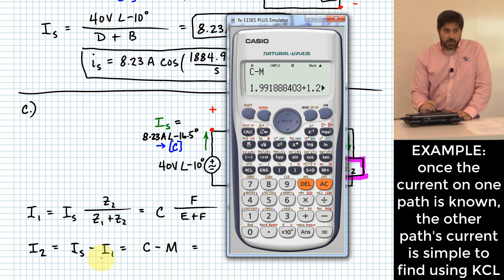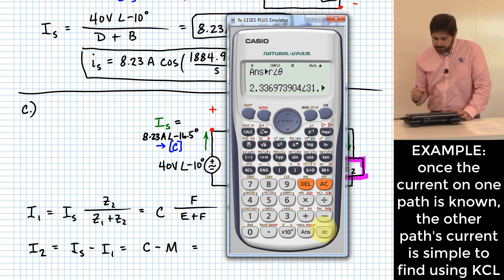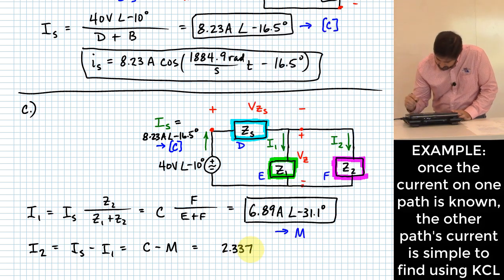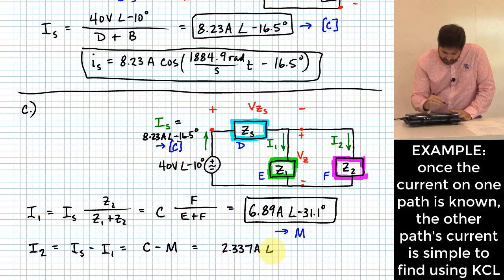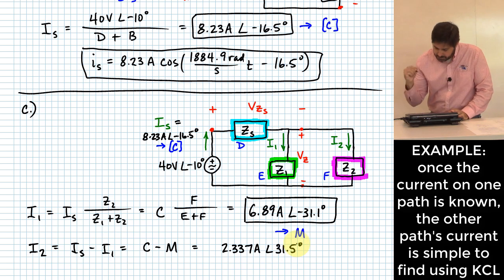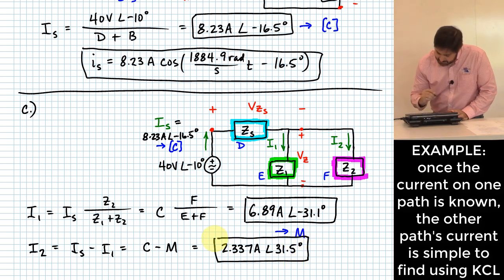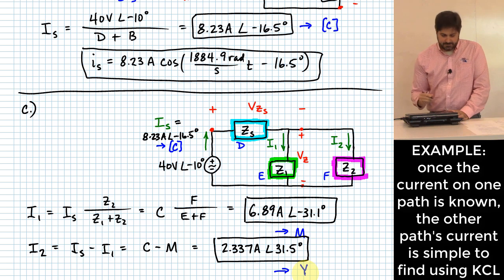And this is also a current, so I'm going to convert it to polar: 2.337 amps at an angle of 31.5 degrees. I'm not 100% sure if I'm going to need that again, but better safe than sorry, let me put that into Y.